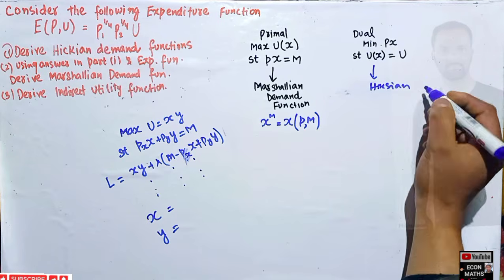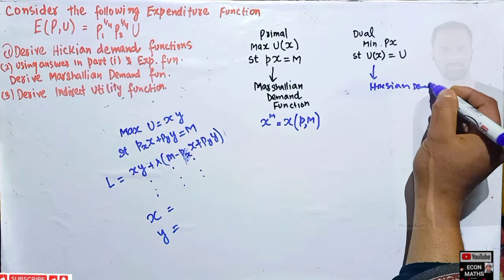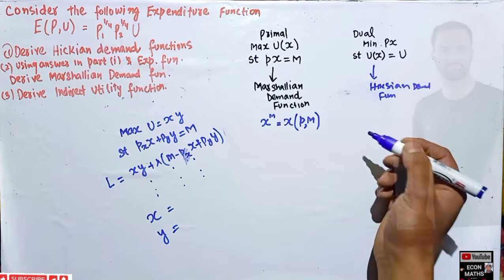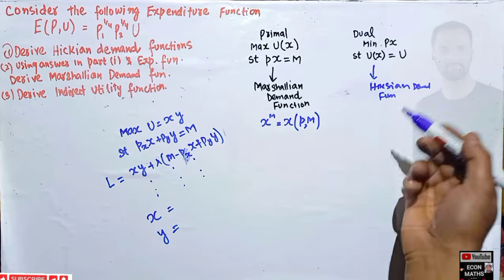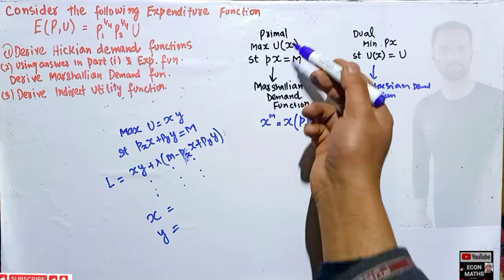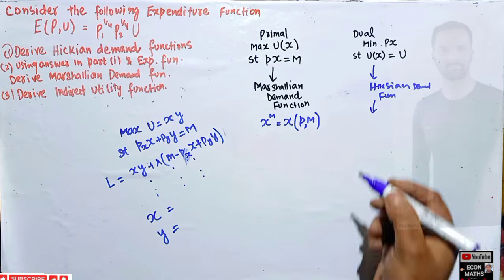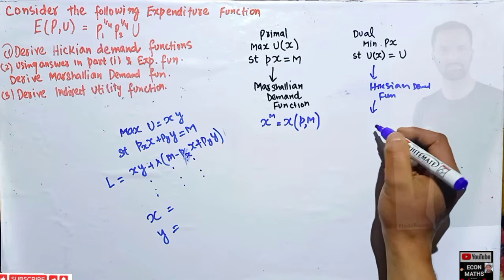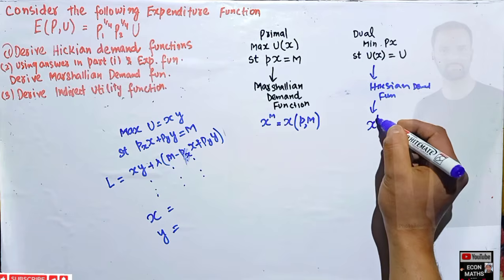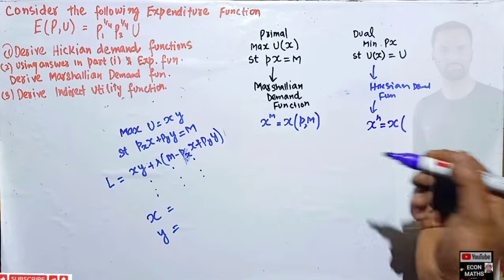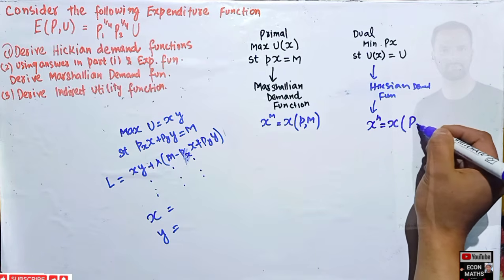Hicksian demand function. When we solve for the optimal values of x, I am just using x here to make things simpler. So what will we get here? We will get x subscript h, which will be a function of price and utility.